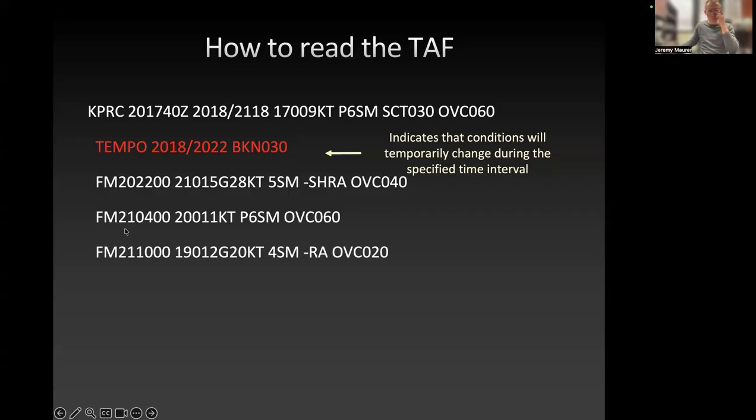Here's our forecast period at 2100 and on the 21st, starting at 400 hours. Wind direction is 200 clockwise from north, 11 knots, greater than 6 statute miles visibility, overcast at 6,000. And then here we have some light rain that's coming on the 21st at 1000 hours.